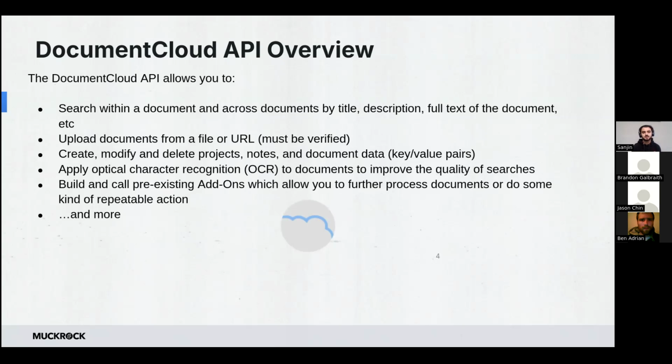Additionally, you can also apply optical character recognition. This basically tells the computer how to read hard to parse documents, maybe something that includes handwritten text, to improve the quality of searches. And then you can also build and call pre-existing add-ons, which allow you to further process documents or do some kind of repeatable action.